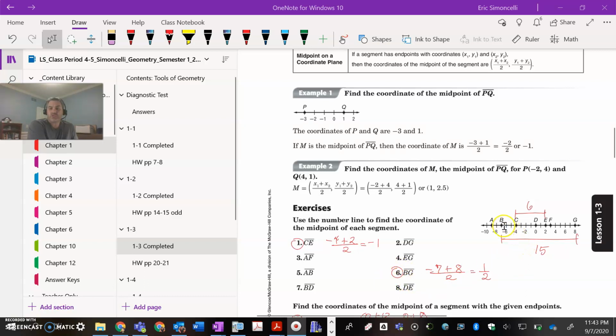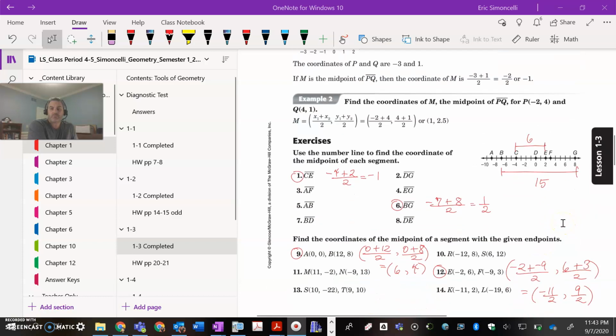So B is at -7, G is at 8, -7 plus 8 divided by 2, in other words 8 minus 7, which is 1, divided by 2, so we've got simply 1/2 right here roughly as the midpoint between this point B and that point G.